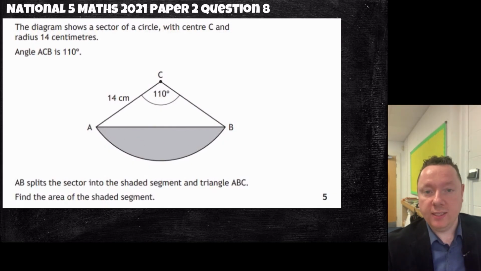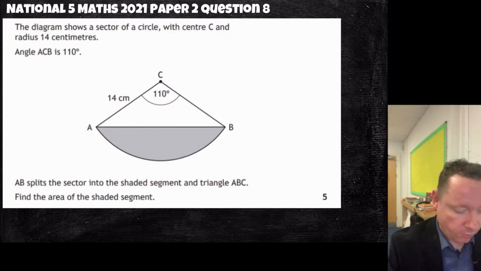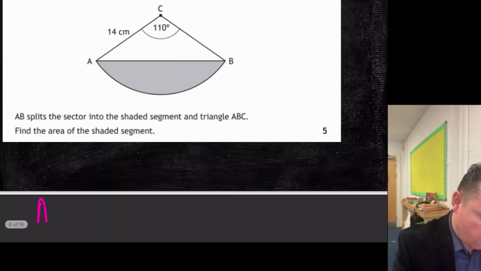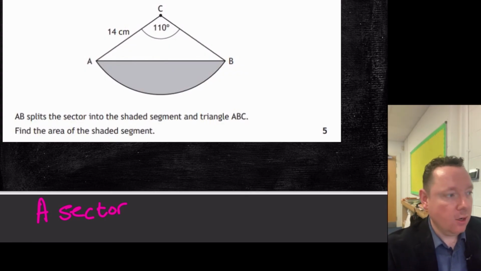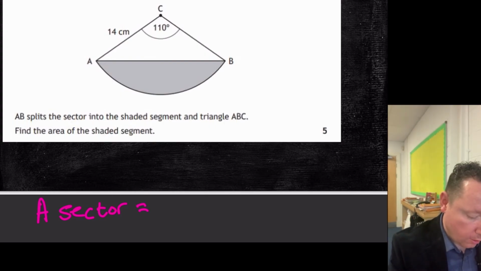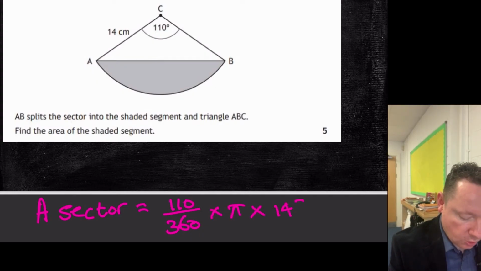I'll start off by finding the area of the sector, then find the area of the triangle. So area of the sector. Well, a sector is angle over 360 times pi r squared. So our angle is 110 over 360 times pi times 14 squared.